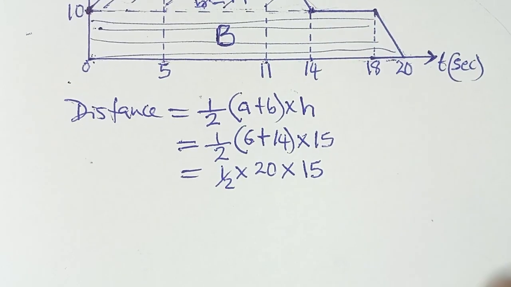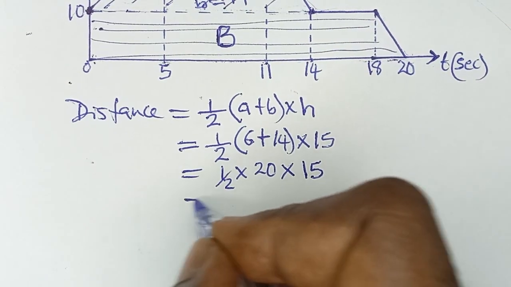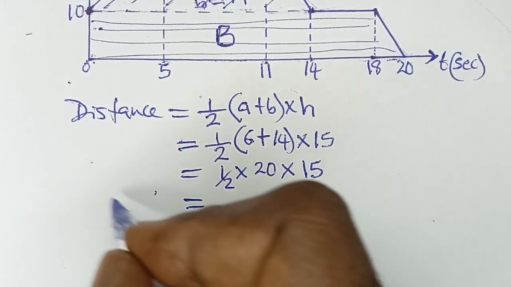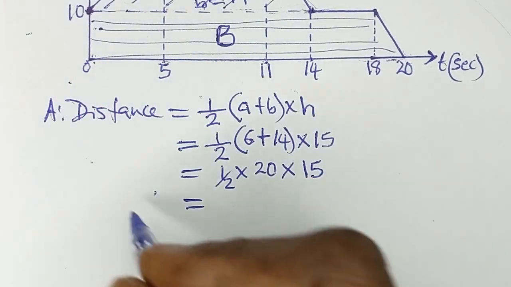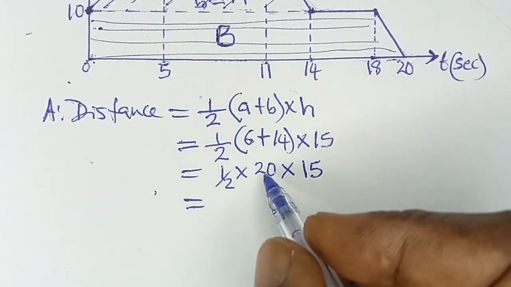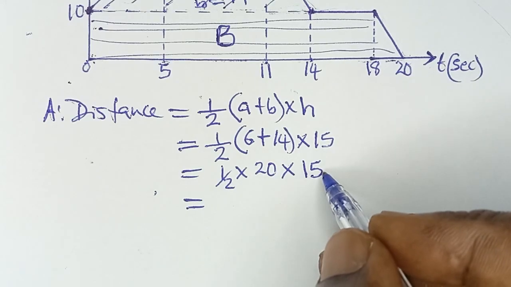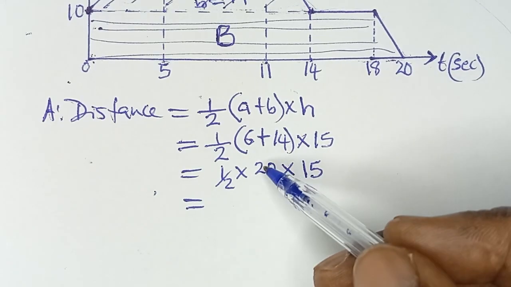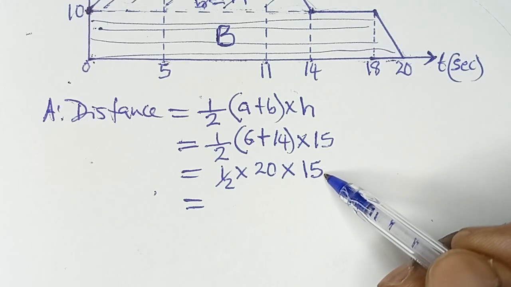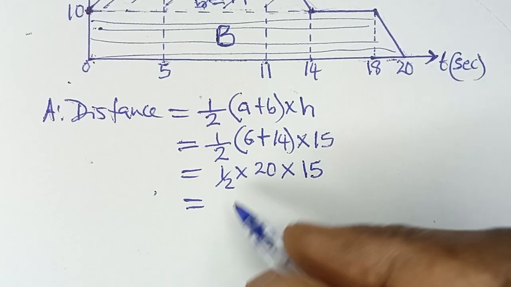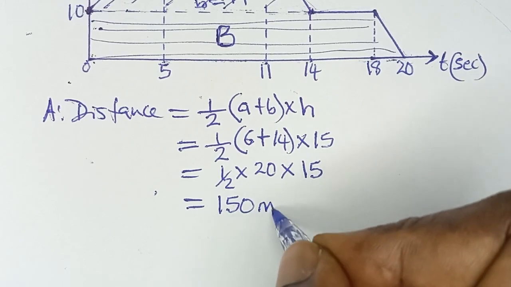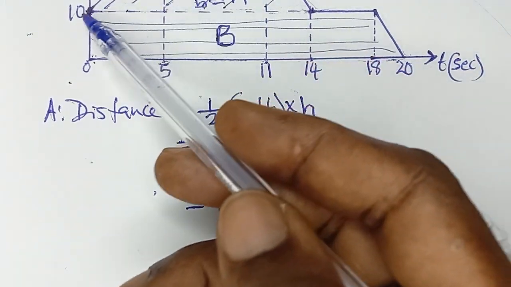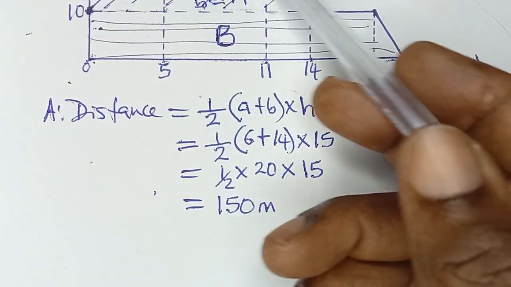So this part is going to give me the distance for A now. 20 multiplied by 15 is 300, and divided by 2 is 150. 150 meters. So the distance on this part here is 150.